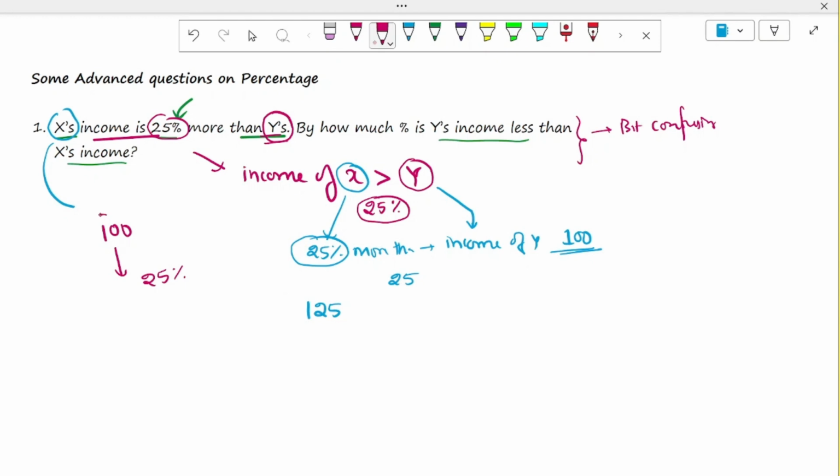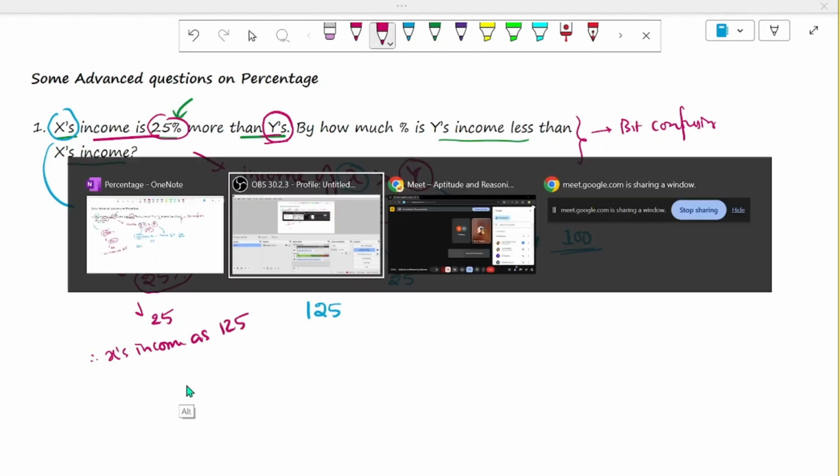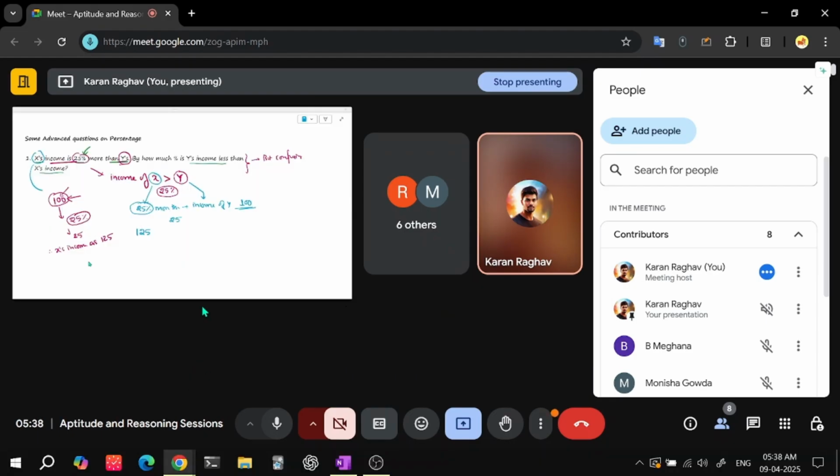If you ask why I have taken 100 as the income of Y, it is because it is easier to find the percentage when something is 100. So 25% of 100 is straight away 25, and therefore we have X's income as 125. I hope you understood this procedure. If you are clear with this, then this question will be easier.